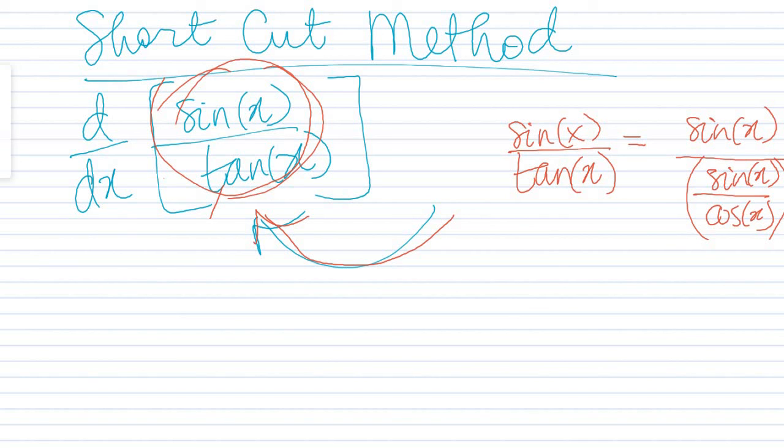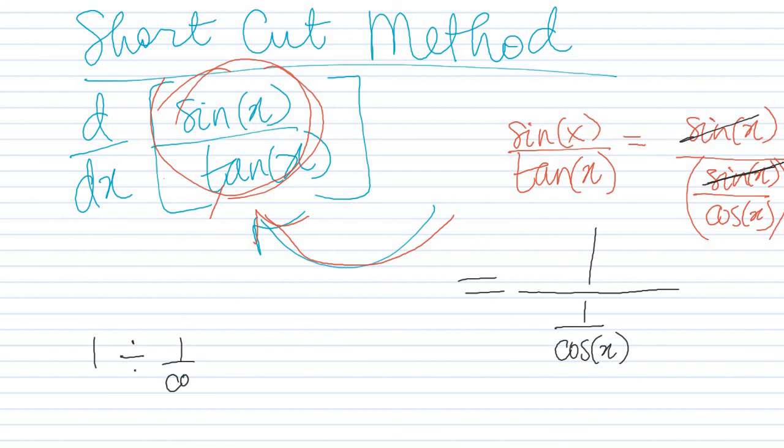So we can basically cancel the sine on top out, so we end up with 1 over cosine of x. And then what is 1 divided by 1 over cosine x?